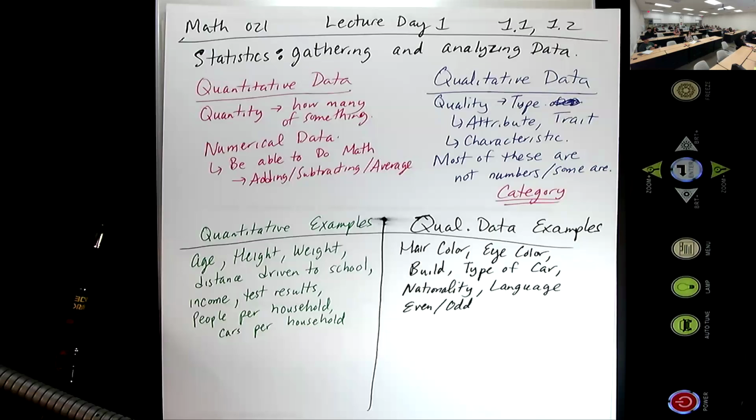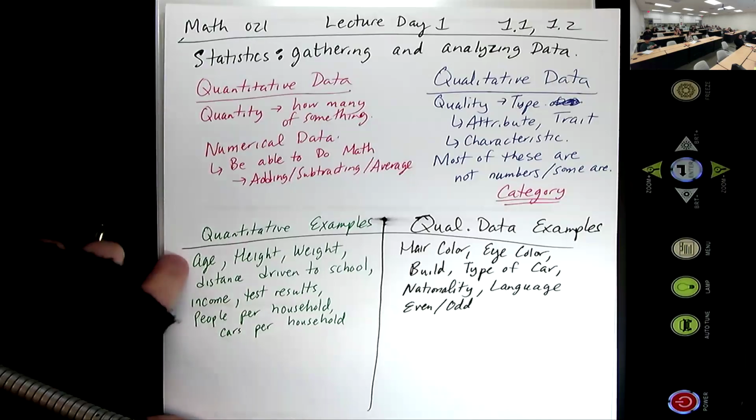Any ideas, something that you have that you use as a number that's related to you, that you wouldn't add or subtract? Age. Subtracting doesn't really make sense, but adding does, you get older, right? So we could add the age, so ages we're going to keep over in quantitative.